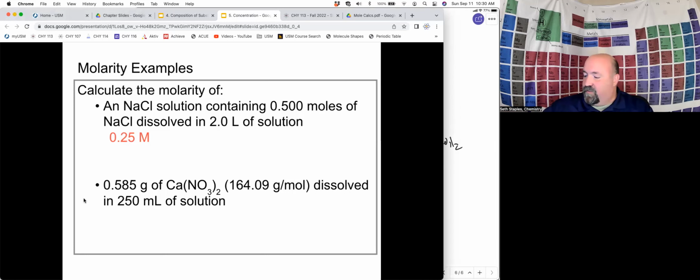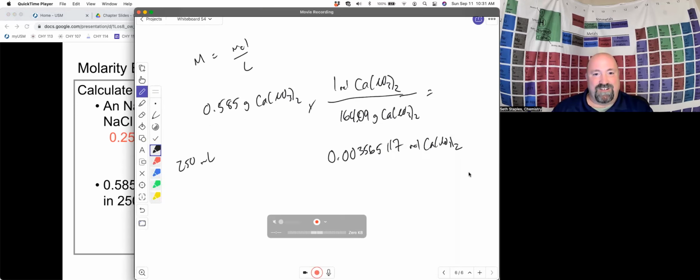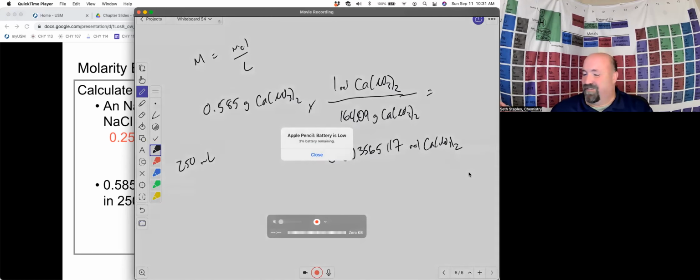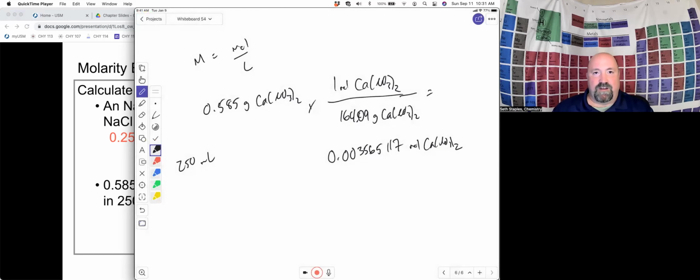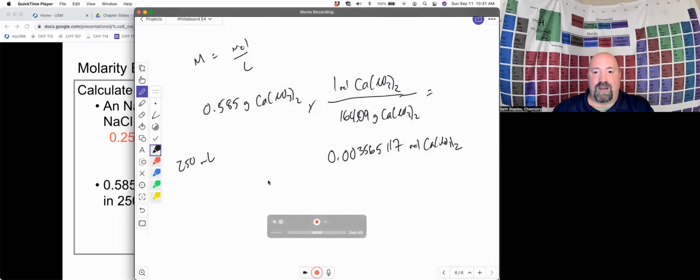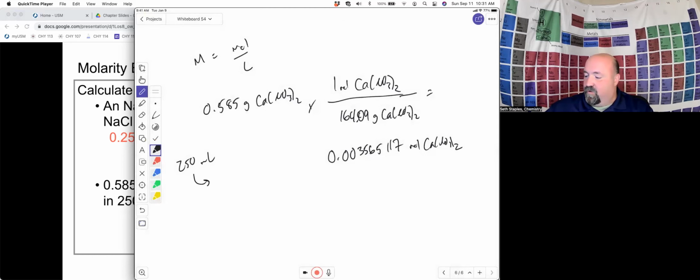But now we know that this is dissolved in 250 milliliters of solution. I always forget to switch back over. There we go. 250 milliliters of solution. Might need to pause here for a second to charge my iPad pencil back up. We do need to convert that to liters, so our 250 milliliters of solution is going to be equal to 0.25 liters.